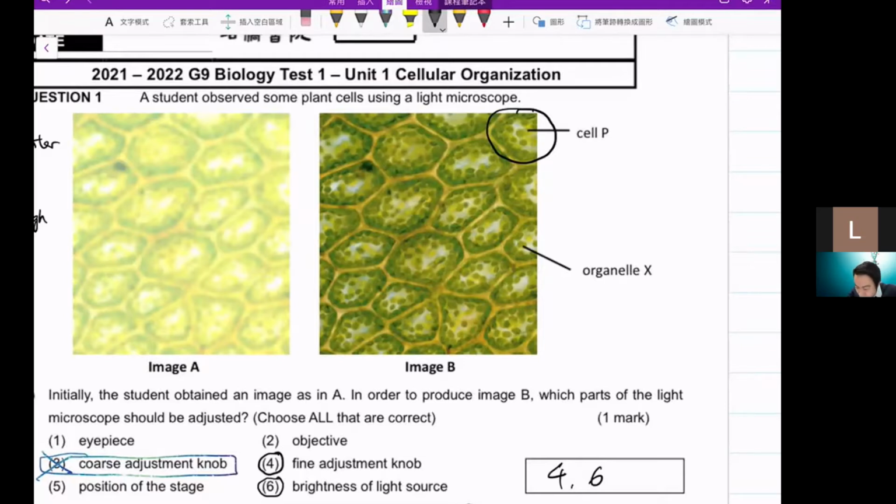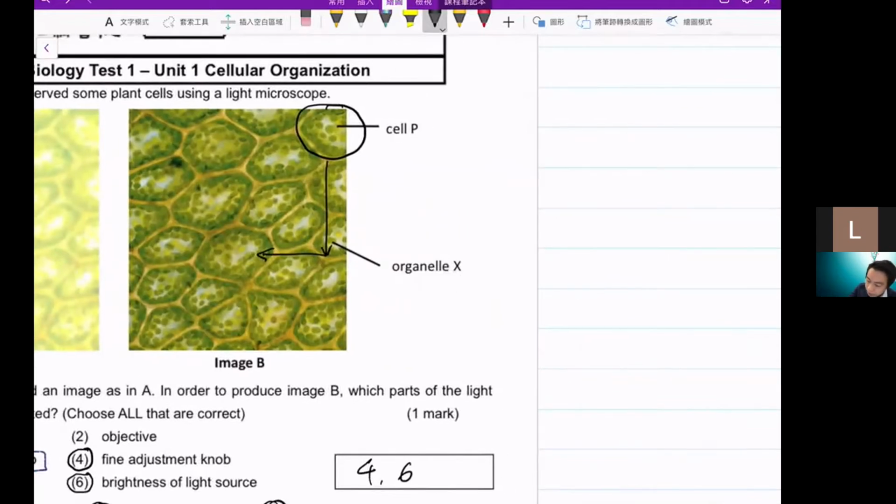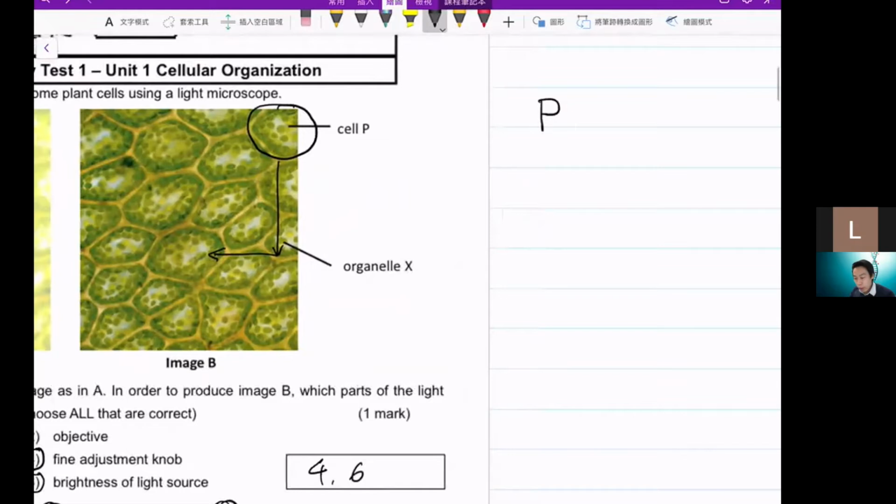Okay, so you need to move the diagram downward and leftward. However, the image that you observe from the microscope is inverted, right? So say, for example, if the object is P, when you look into the microscope, you will see an image like this.